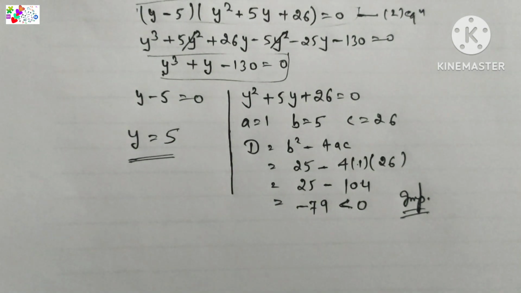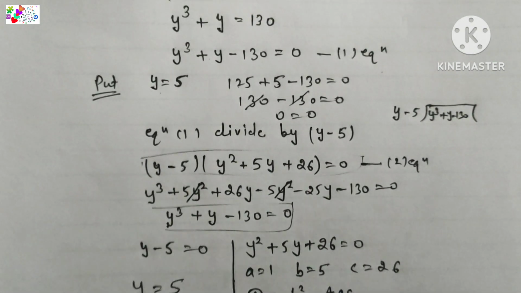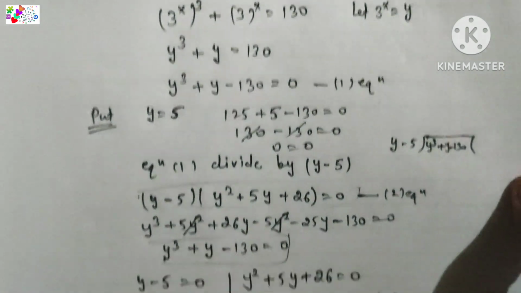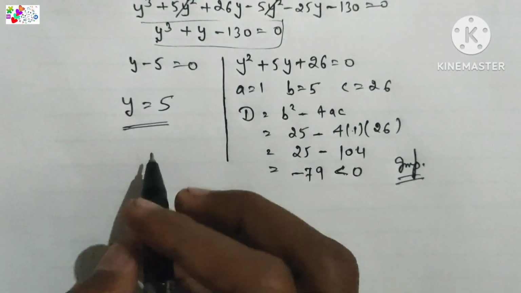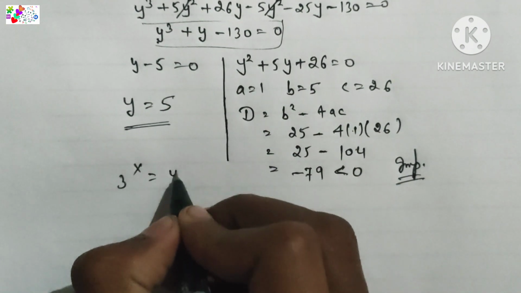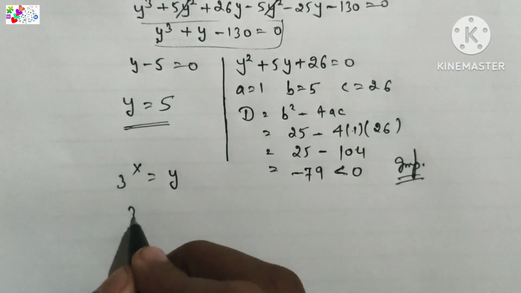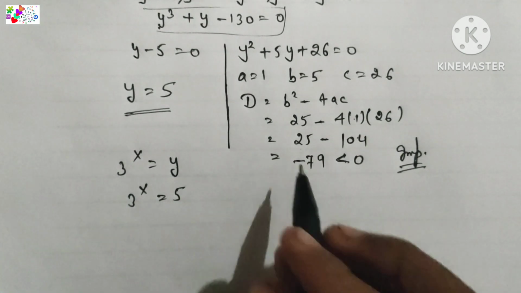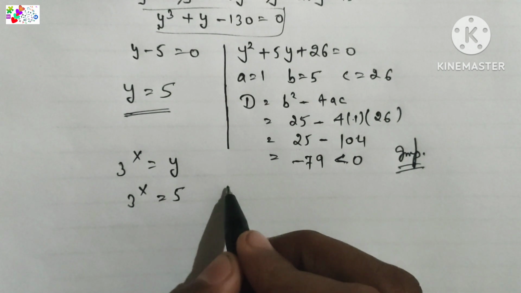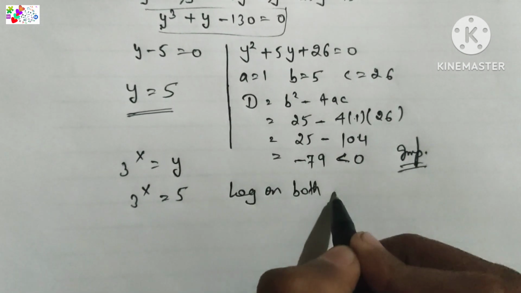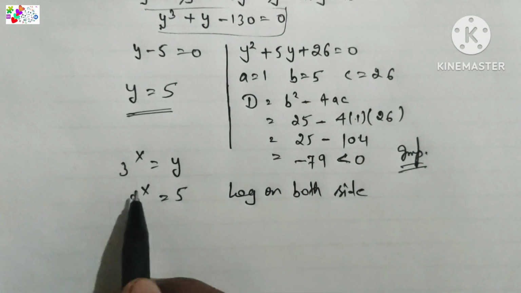But we let 3 to the power x be equal to y, so I will put y as 5, so 3 to the power x is equal to 5. Now I will take log on both sides, because we want to find the x value.